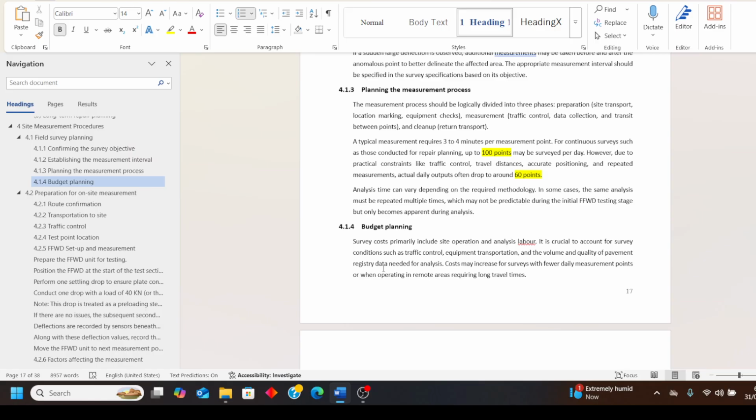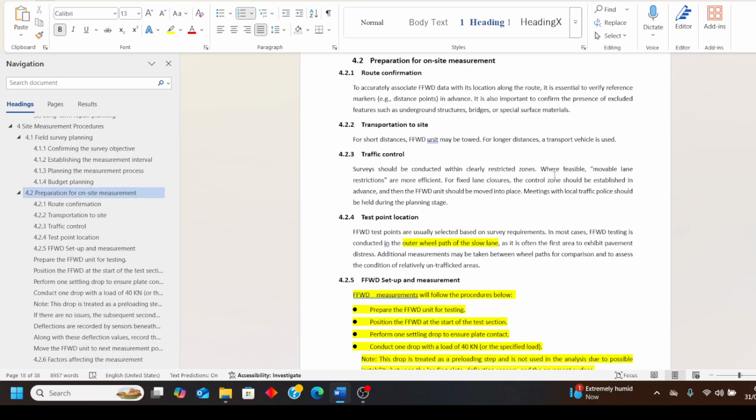And then we have the budget planning. The budget planning for the survey includes the cost, which depends on the traffic control, transportation, staff, and the analysis effort. Now there is another section of this chapter, which is the preparation for on-site measurement. And for the on-site measurement, first we have to confirm the route.